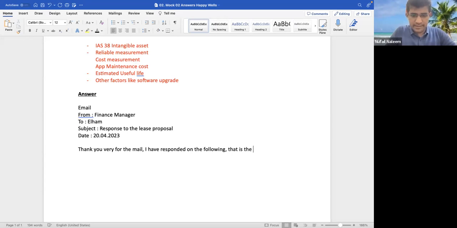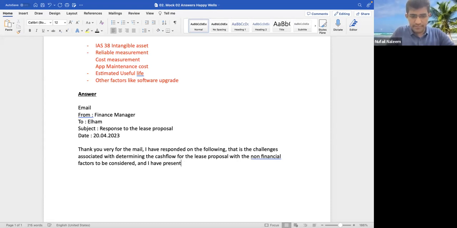That is the challenges associated with determining the cash flow for the lease proposal with the non-financial factors to be considered, and also I have presented a separate section on the accounting treatment for the mobile app.